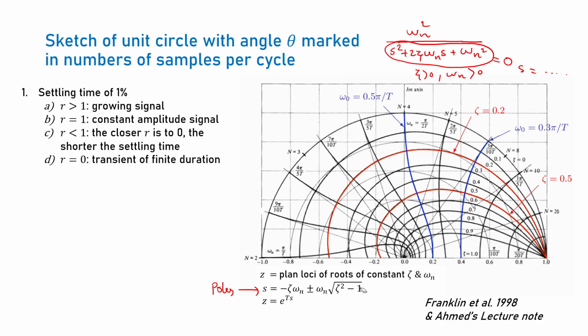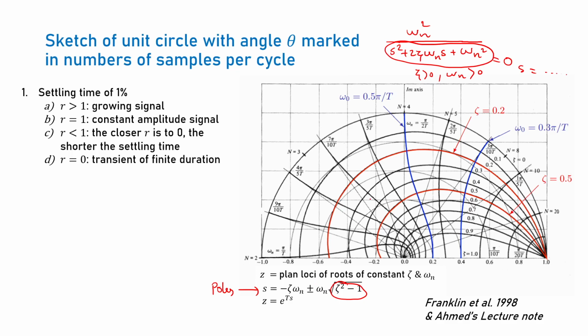This term can be a real number or a complex number, depending on the value of zeta. Okay, if zeta is positive and less than 1, this term is negative, and then this term becomes complex, and this complex number has a negative real part. Because it always has a negative real part, the system converges. As long as you choose zeta positive, omega n positive, the system always converges.